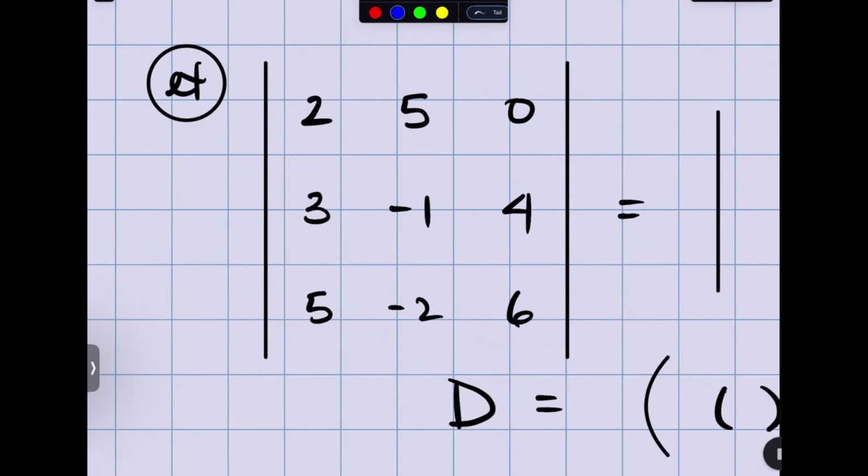Give you guys a couple of minutes to do it, and now put it down.